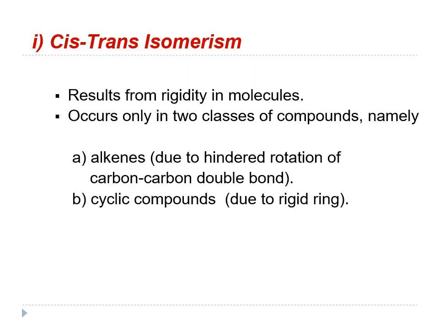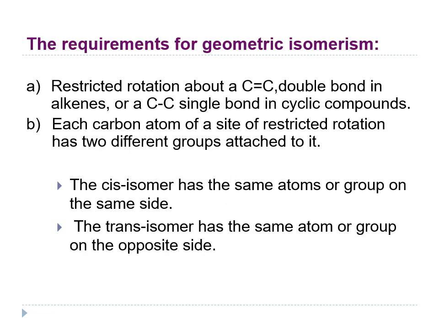Cis-trans isomerism results from rigidity in molecules. It occurs only in two classes of compounds, alkenes because they have a double bond, and cyclic compounds due to the rigidity of the ring. There are two requirements for geometric isomerism to occur.